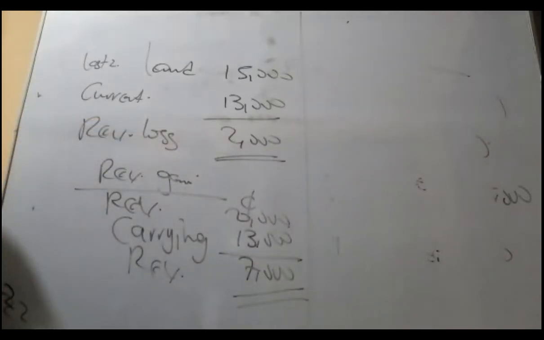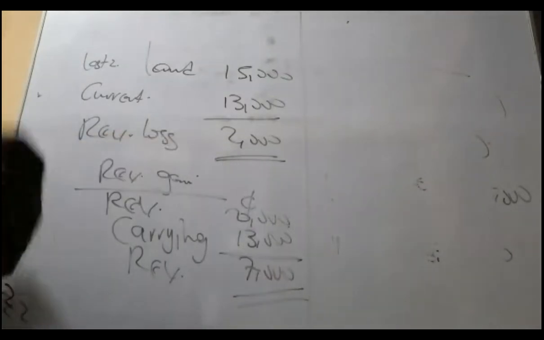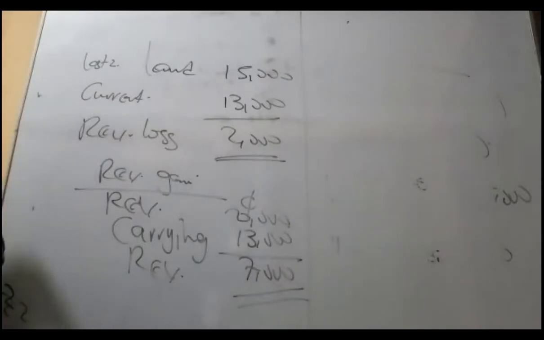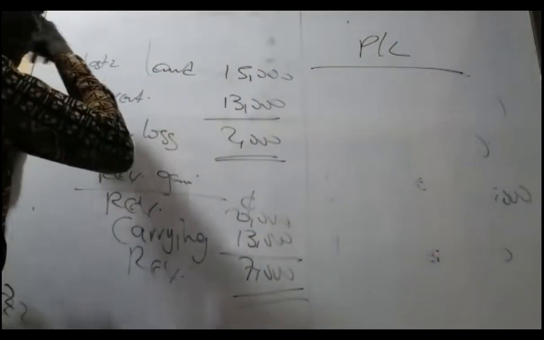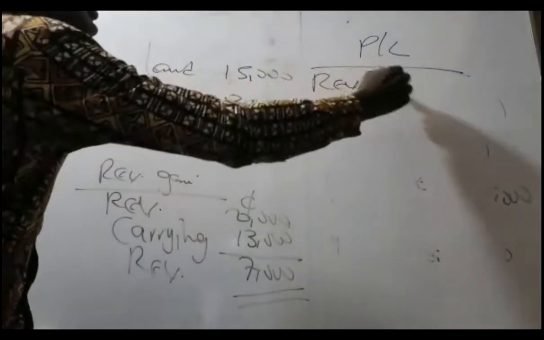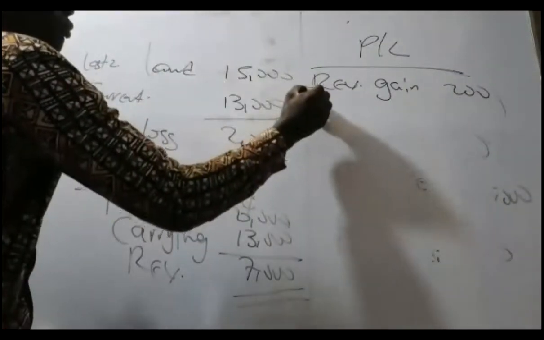So what we have to do is first go to the P&L and reverse this 2,000 from there. So first, in the profit and loss account, this 2,000 will be there, and they told us that they've expensed it. So I'll go there and record a revaluation gain of 2,000. So therefore, this is a credit.